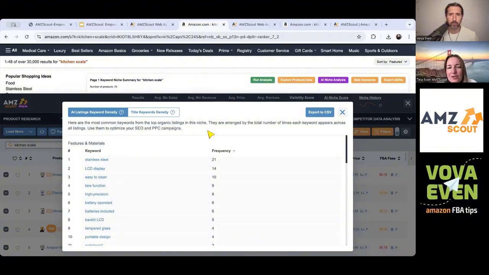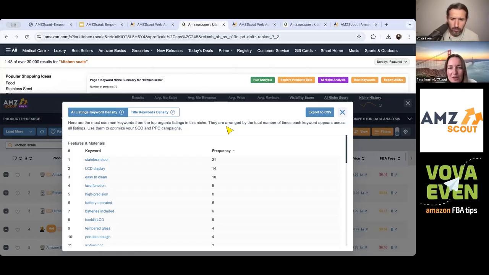What I thought is also interesting is that if we analyze the listings themselves, the descriptions, bullets, and titles, and see what keywords are really repetitive among the first two pages of listings, we could see what keywords they push into the listings, and that means they are really useful. They could be great for your SEO and PPC campaigns.